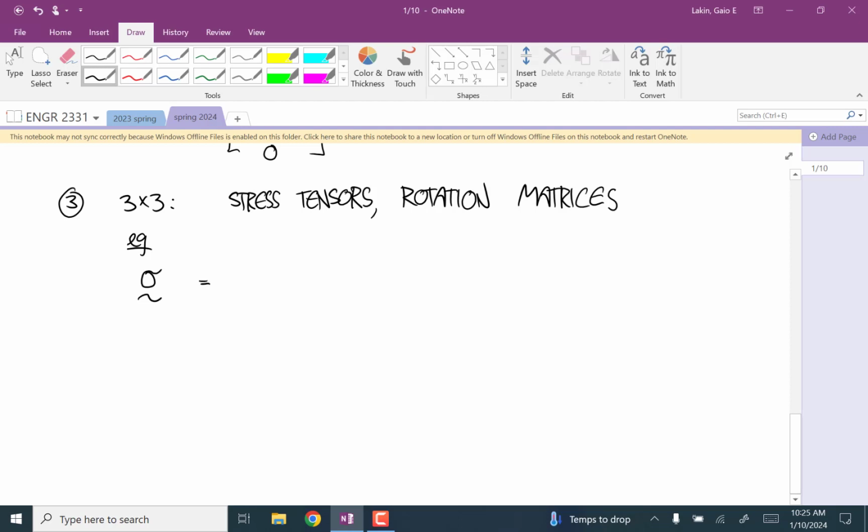So let's say that we have a stress tensor representing a single point in a material. And the values are 6 times 10 to the 6, 0, negative 8 times 10 to the 7. That's the first row. And then 0, then 5 times 10 to the 7, negative 2 times 10 to the 6.